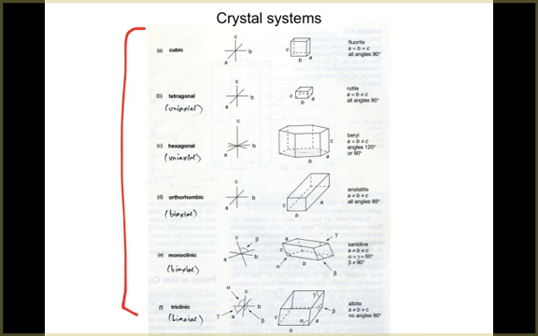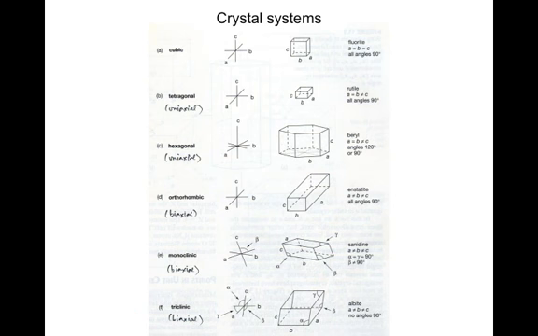And there are these A, B, and C axes that represent the crystallographic axes in the minerals. And then some information on the right-hand side that tells you something about the length of the different crystallographic axes and the angles between those different crystallographic axes.